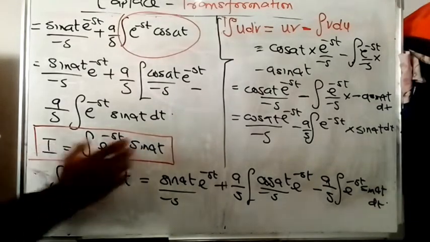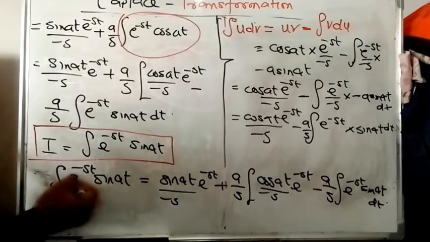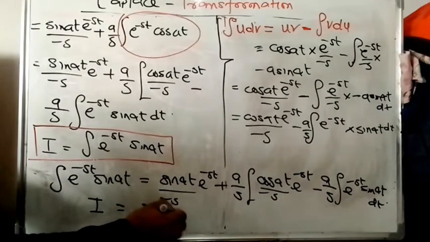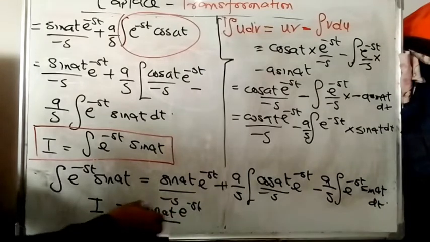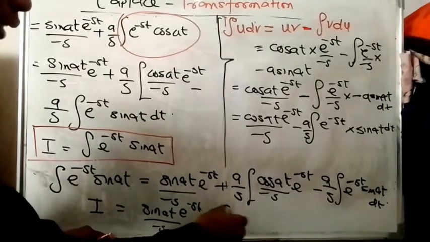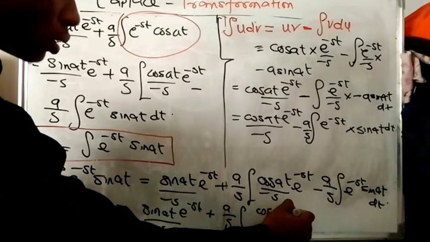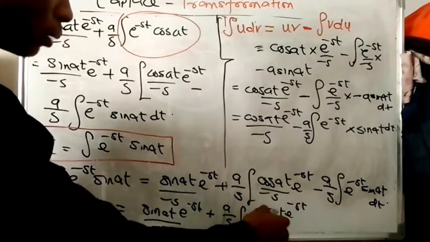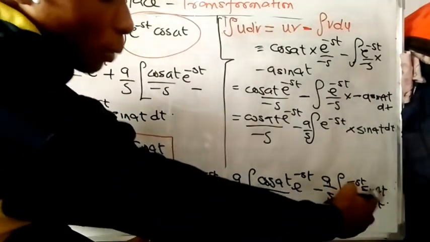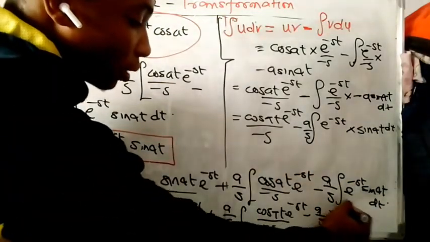So replacing my integral of exponential minus st sine at with I, we'll be having I is equal to sine at exponential minus st divided by minus s, plus a over s, open bracket cos at exponential minus st divided by minus s, minus a over s, replacing the integral of exponential minus st sine at dt with I, close bracket.